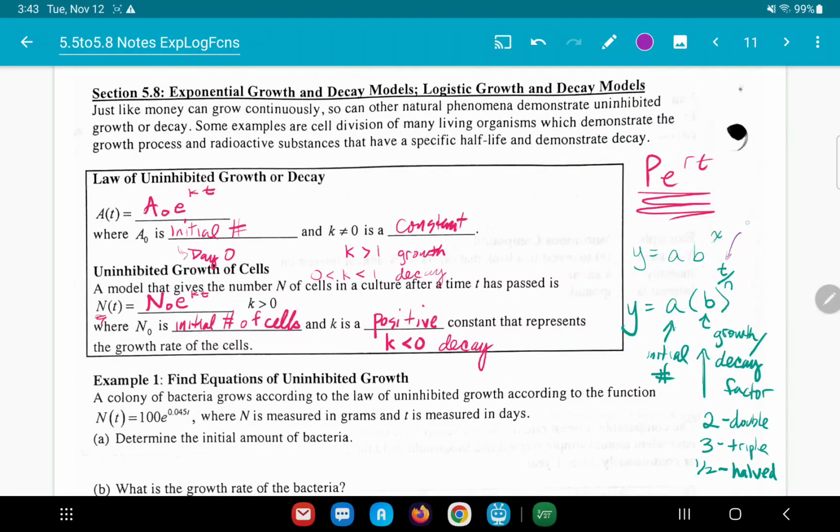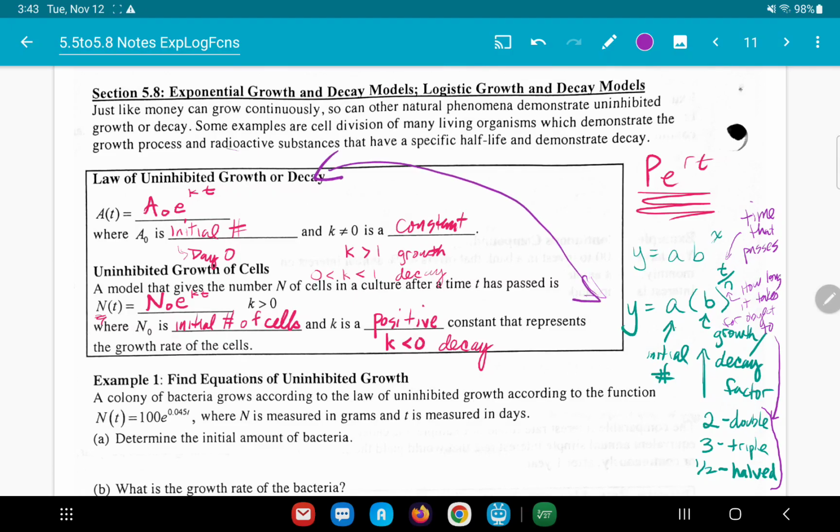So t is the amount of time that passes, and n is a new variable now, and basically that's how long it takes for the object to double or triple or halve or things like that. I'll just put in here how long it takes for it to do one of these things. And I can give you an example of how this formula is used. Basically, you can interchange these formulas however you see fit.